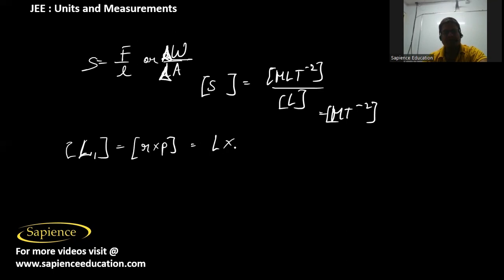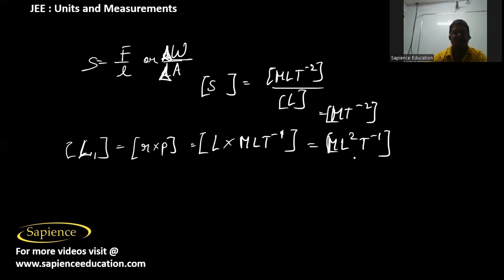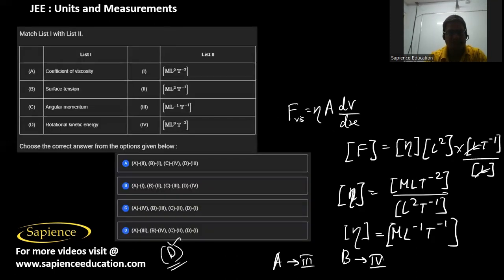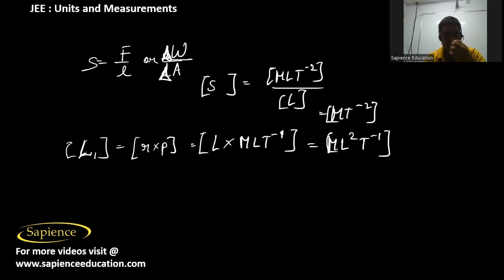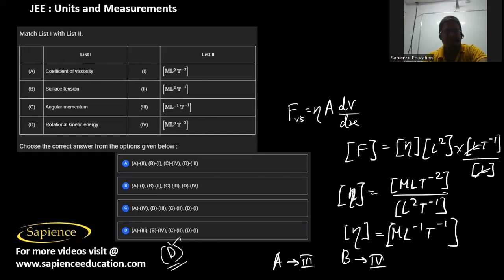So therefore it is length L into the linear momentum, which is mass into velocity. p is linear momentum. So this will be equal to M L square T power minus 1. This is the angular momentum, M L square T power minus 1. So C will match with 2.